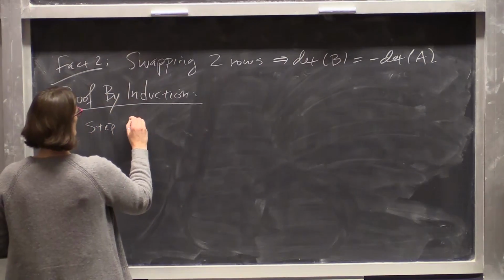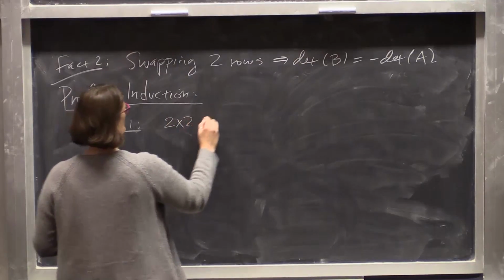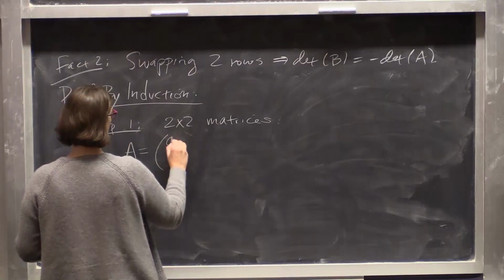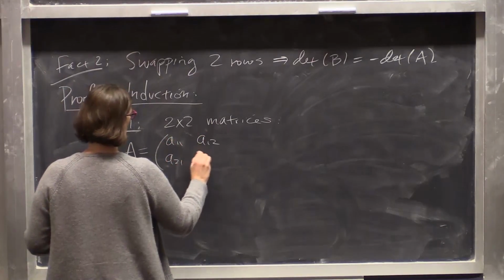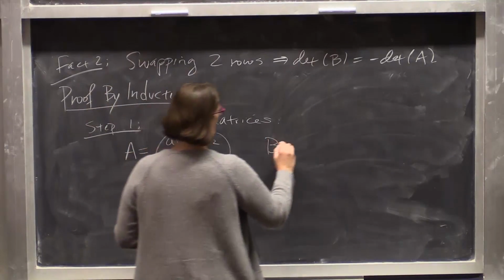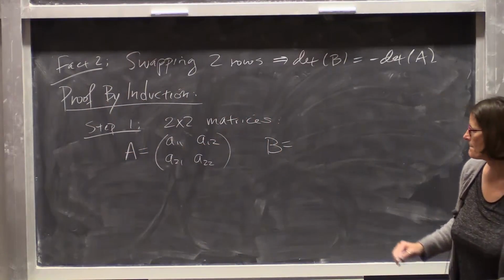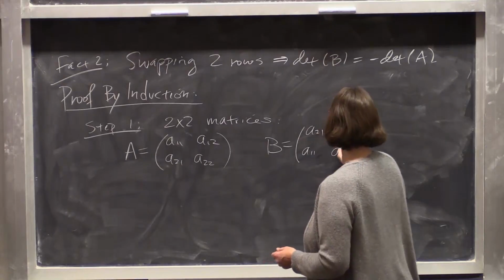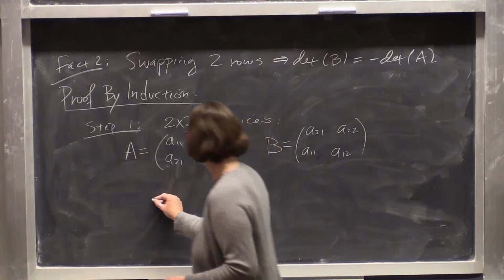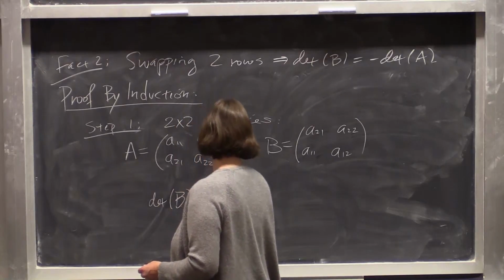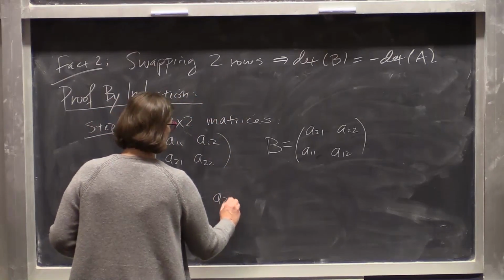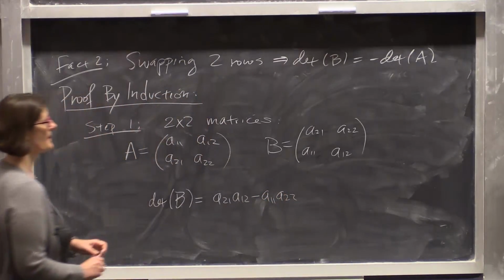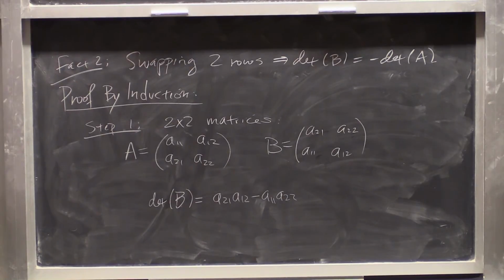Okay, so step 1. 2 by 2 matrices. So I have A is A11, A12, A21, A22. If I'm swapping two rows, there's only one option. I have A21, A22, A11, A12. The determinant of B is equal to A21 A12 minus A11 A22, because we know how to compute determinants of 2 by 2 matrices.